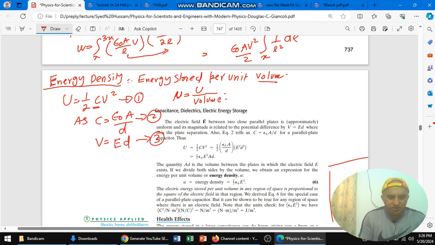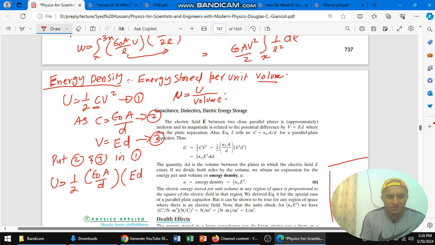Now, in order to find energy density, we put equation 2 and equation 3 in equation 1. So we write half C, instead of C we write epsilon naught A over D, and instead of V we put ED whole square.